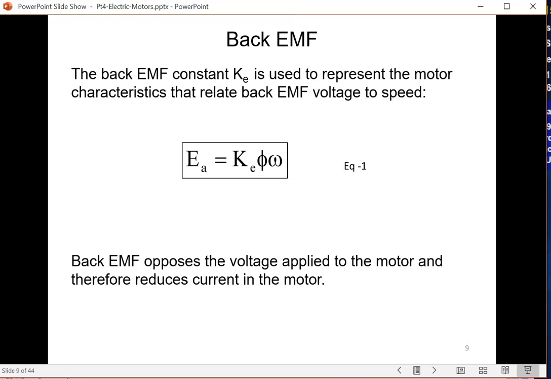So you can see that if we fix the magnetic field, say we're not changing IF, therefore phi is a constant, and KE is also constant, then the back EMF is proportional to the motor speed. So the higher the speed of the motor, the higher the back EMF.